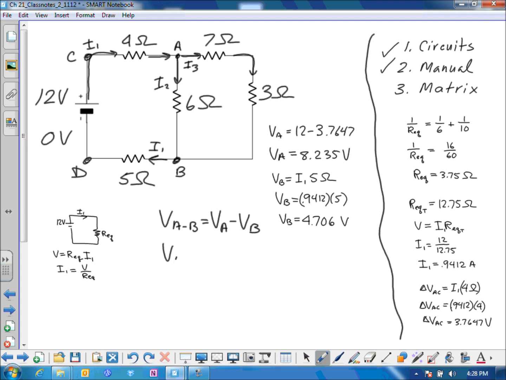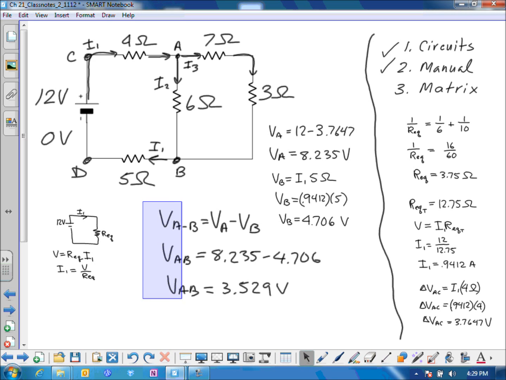Let's call that VAB, which is equal to 8.235 minus the voltage at B, 4.706, and this one I can do in my head. Voltage AB is equal to 3.529 volts. All right, now we're going to shrink that up too.